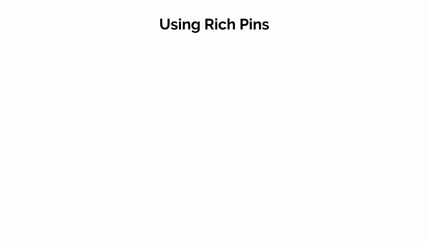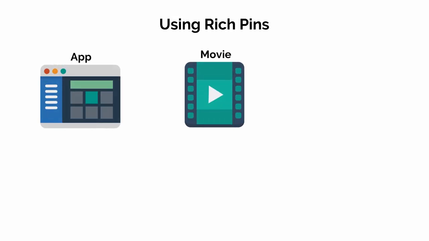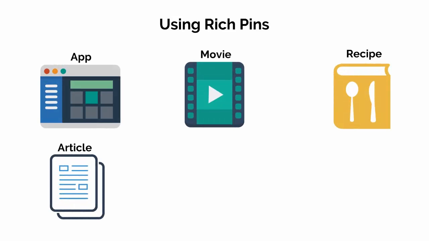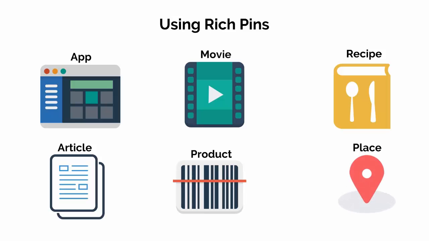We discussed the use of rich article pins in an earlier video, but in fact there are actually 6 types of rich pins. These include app, movie, recipe, article, product, and place. That means you can provide additional information about your pin and set up your site so that when someone shares your pin, the additional information will be there automatically.